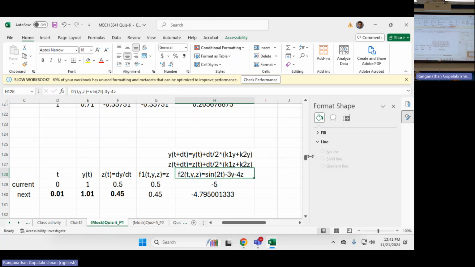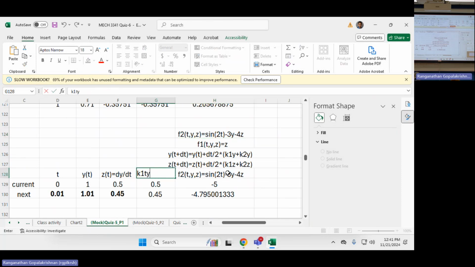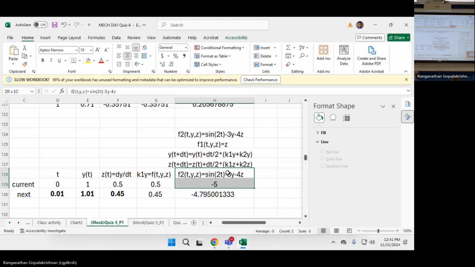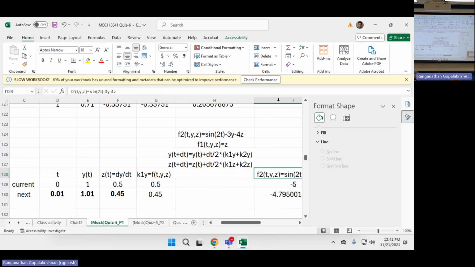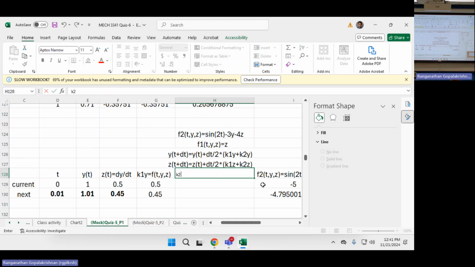So we'll keep these two columns. This is like saying what is f1 and what is f2. What is K1y? This is the value of the function evaluated at t, y, z.